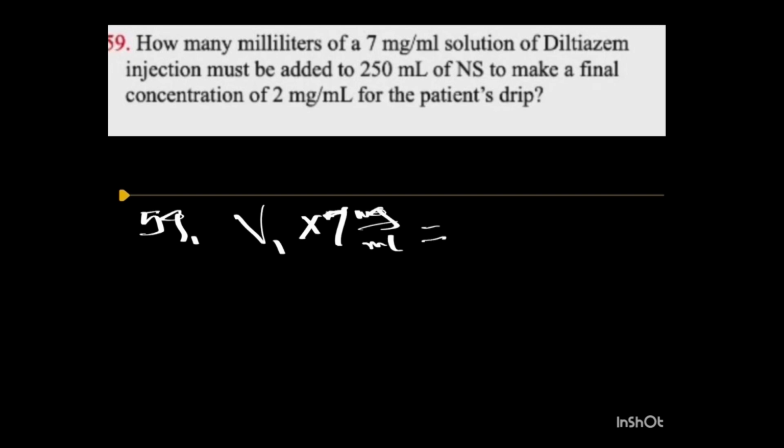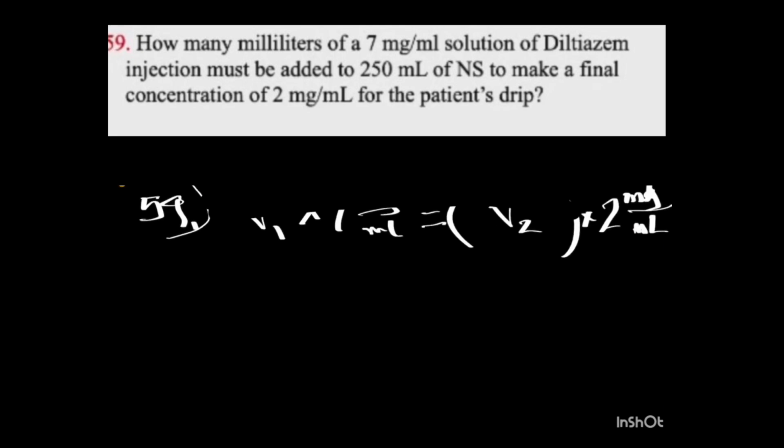So I am going to put V2 over here. We don't know that yet though. So I'm just putting V2 for the moment, and the concentration that we want to end with is 2 milligram per ml. So V2 is always going to be the final volume. The final volume would be V1 plus 250 mLs.